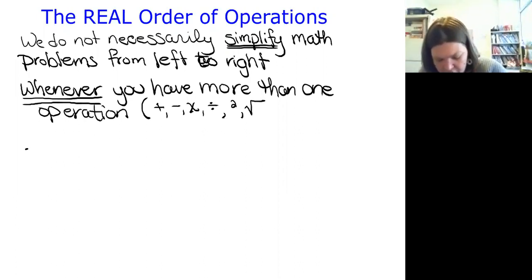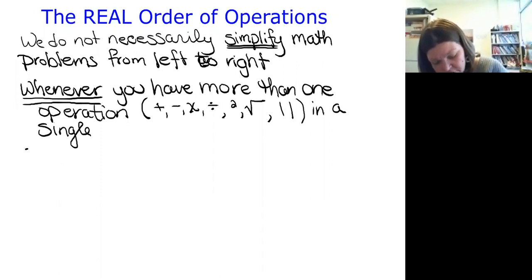There's even other operations that you'll learn as you get higher in math, like absolute value is an example. And there's more, but we'll just leave off on that. So whenever you have more than one operation in a single problem, a single expression, you need to follow the order of operations when you simplify.